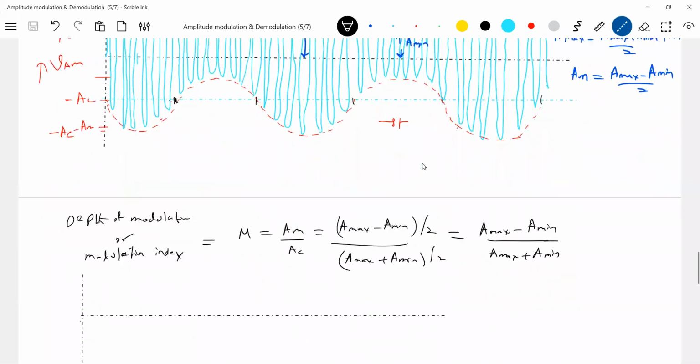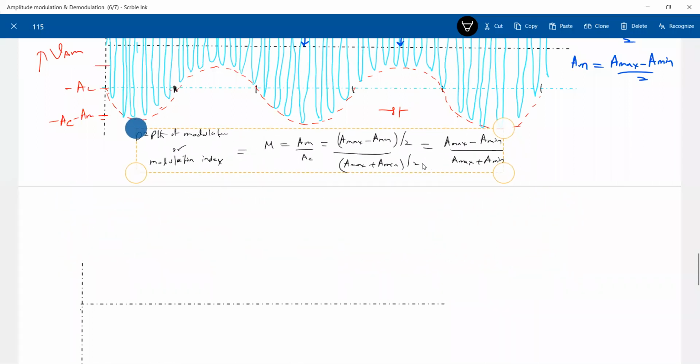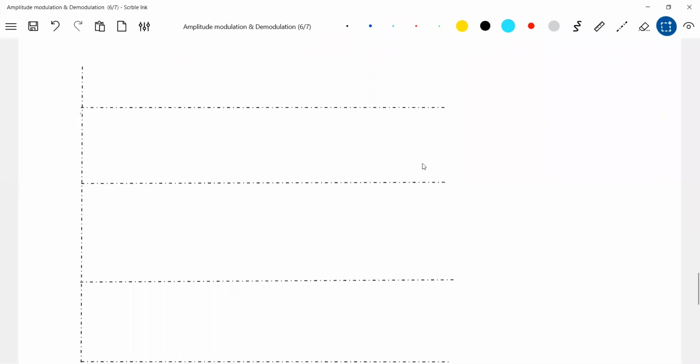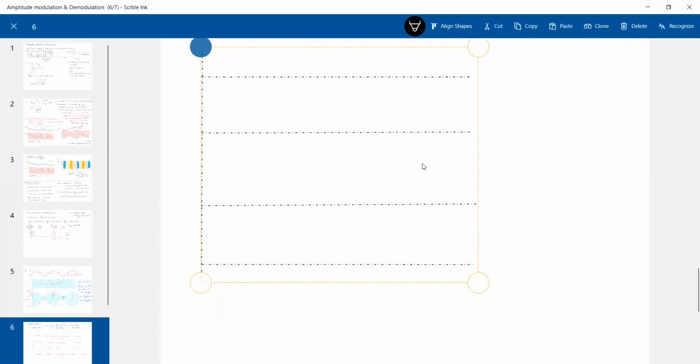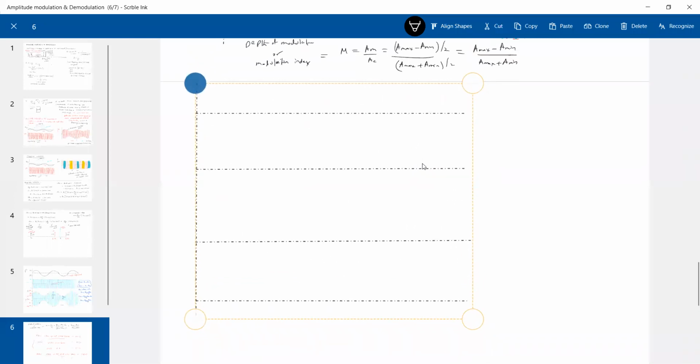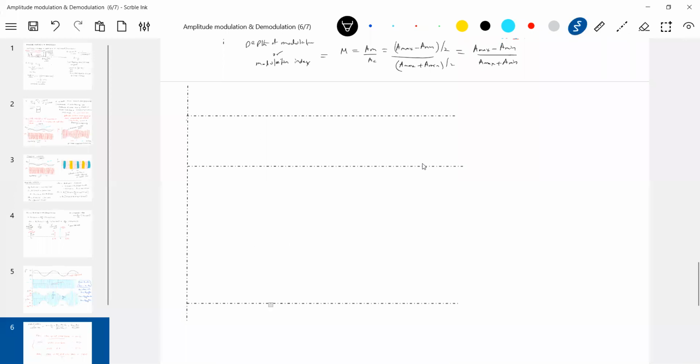I'll adjust it here only. We'll finish off these graphs and again enter into some derivation part. First, let me draw it.